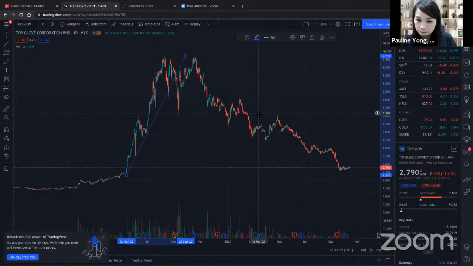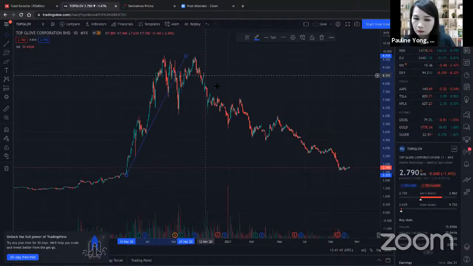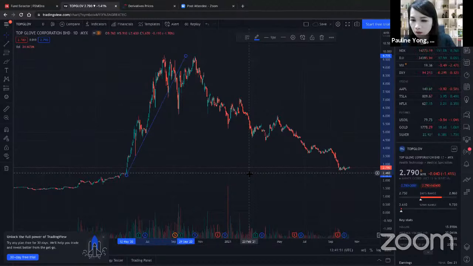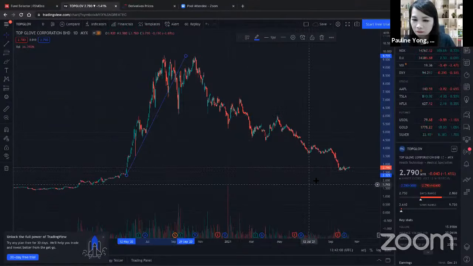Okay, back to here. So if you are looking at this, you have to be careful about the wave number 3. How are you going to look at this wave number 3? Actually, what I see is that wave number 3 could be the top of the wave number 3.